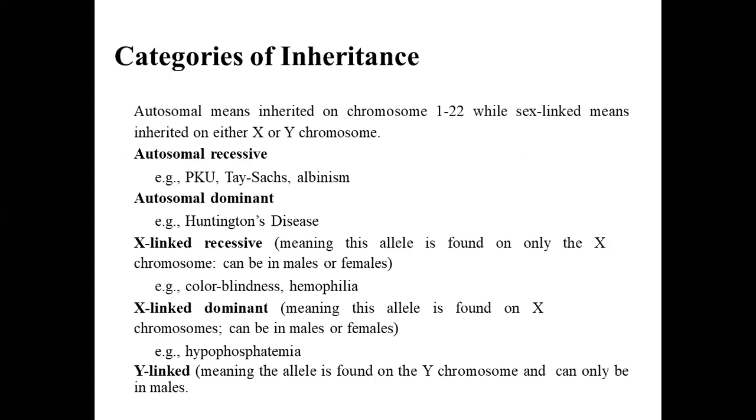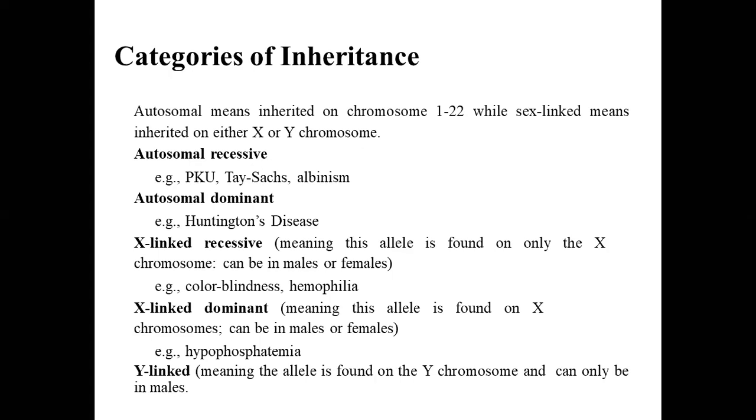After that, we have different categories of inheritance, in which we have autosomal, meaning inherited on chromosomes number 1 to 22. However, sex linked means inherited on either X or Y chromosomes. As you know, humans have 46 chromosomes, or 23 pairs, in which 22 pairs, or 44 chromosomes, are autosomal.